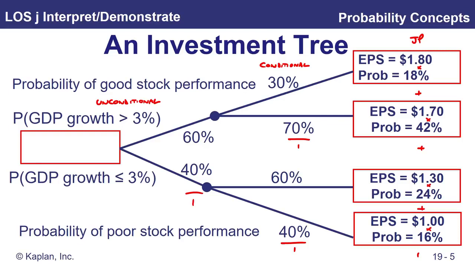So 0.18 times 180, so that's 0.324, plus 0.42 times 170, which is 0.714. Add them together, you're now looking at 1.038, plus 0.24 times 130, which is 1.35.